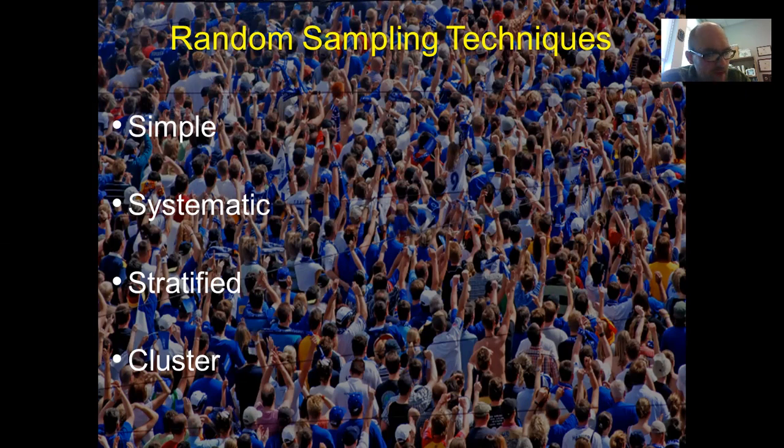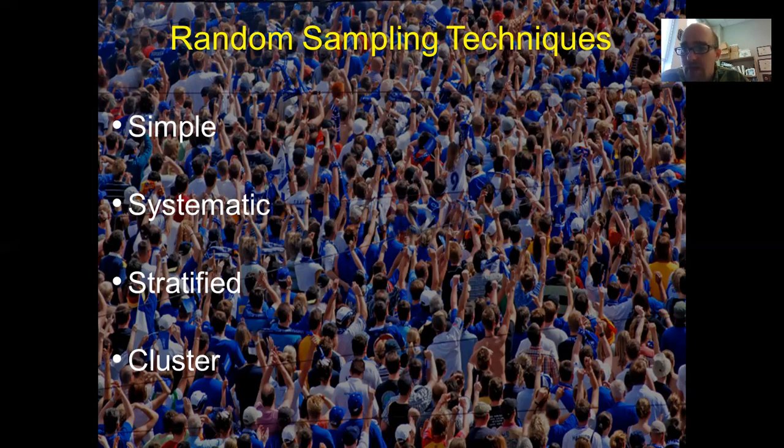With stratified sampling, you've got a situation where you've already got individual groups that are separated. So if you wanted to look at the effect of a certain teaching tool on children in school, you might just randomly select students from the school to participate.